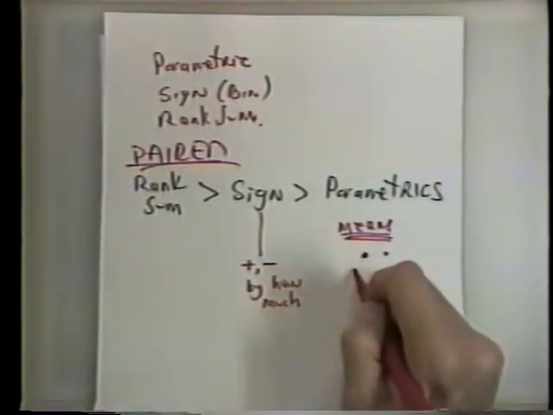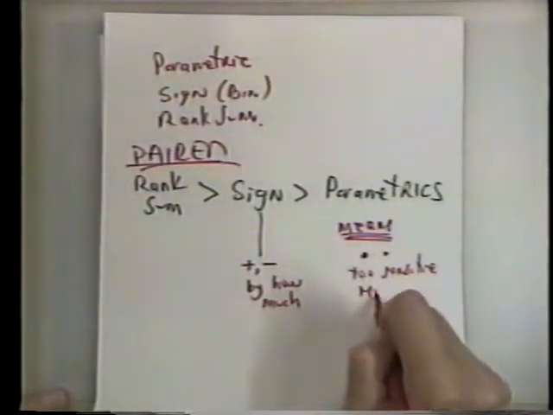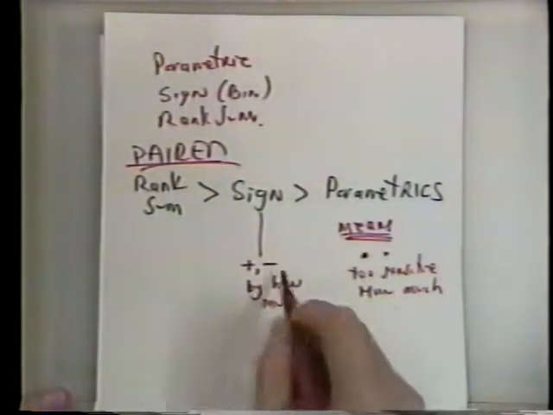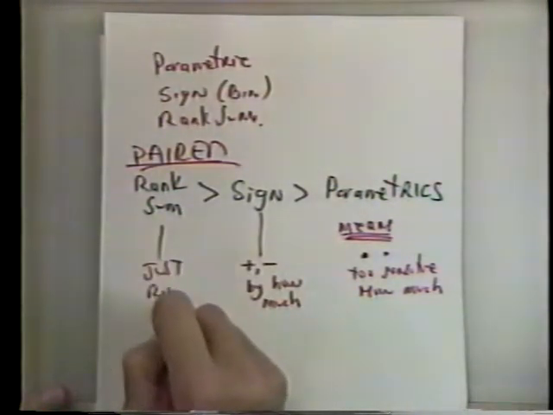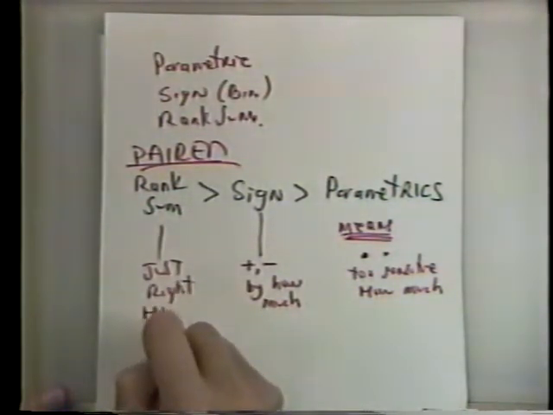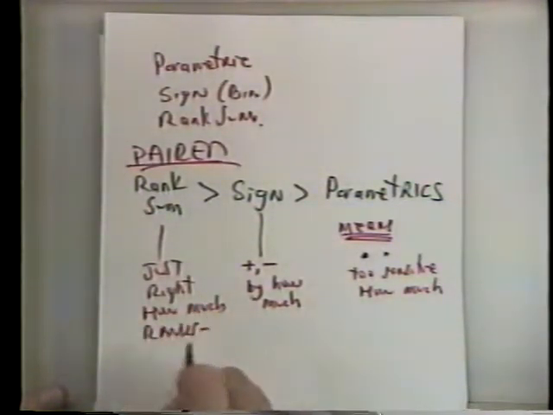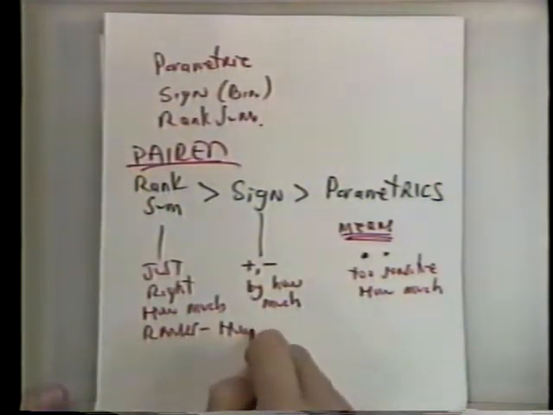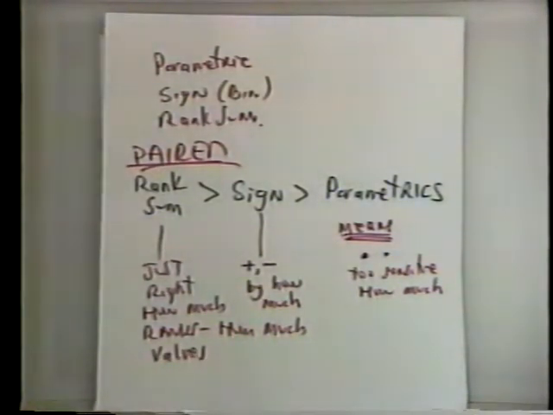So this is sort of too sensitive to how much. This is not sensitive enough, and this is just right to how much. Meaning it uses the ranks to get how much, but not the values, which would make it too sensitive.